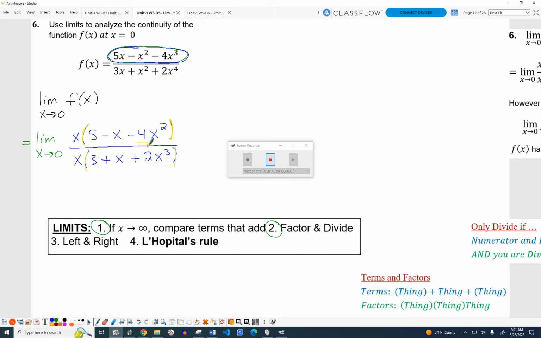I'm going to go with the next thing, which is check left and right first, see if that helps me progress. So again, for clarity, I'm going to write the factors separately, like this. Then I can look at each factor separately.